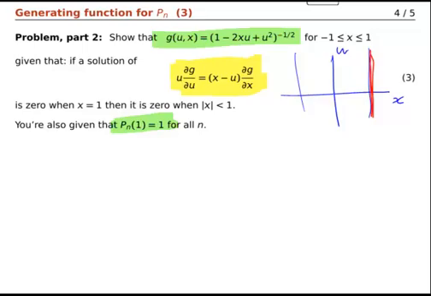I've drawn here a picture of the xu plane. This region between the blue vertical lines is the region mod x less than 1. That's the region where we're trying to find the value of g of u and x, and what this condition here says is that if we're given values on this boundary of that region, then we can find g in the interior of the region.